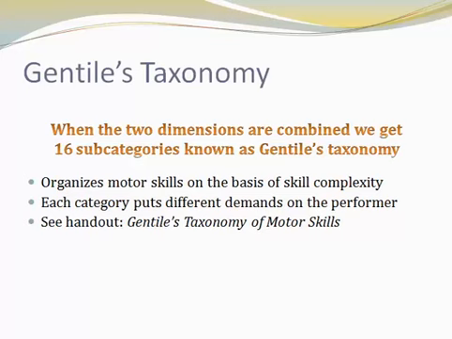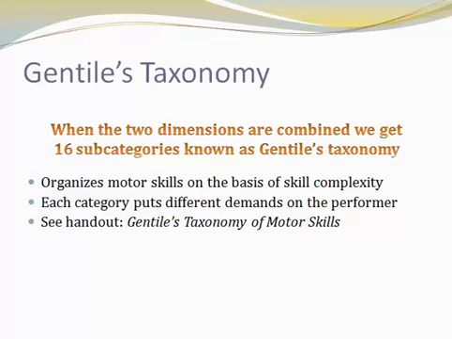So when the two dimensions are combined, we get the 16 subcategories known as Gentile's Taxonomy, and that's what the handout shows you. It's basically 16 squares of all the different combinations of the two characteristics for each of the dimensions. And this taxonomy organizes motor skills on the basis of skill complexity, and each category puts different demands on the performer.